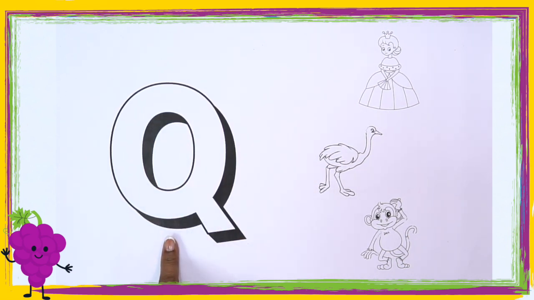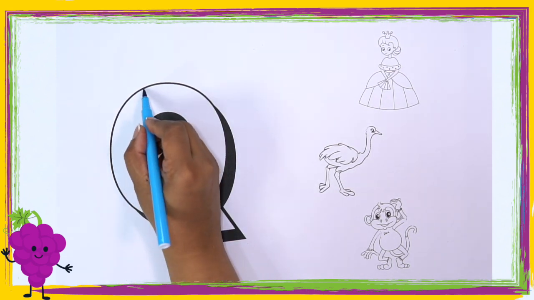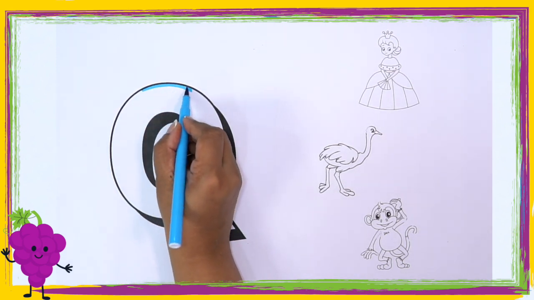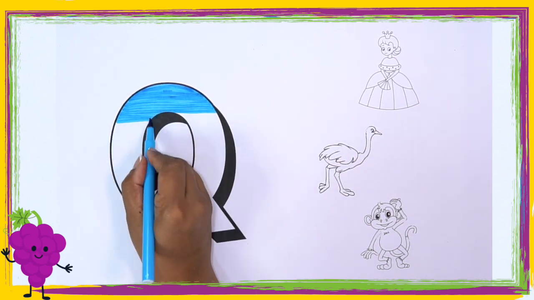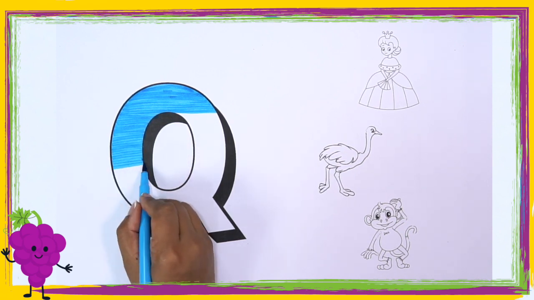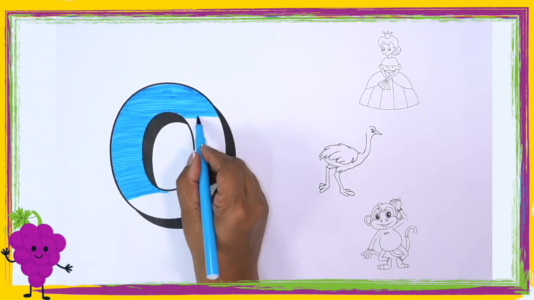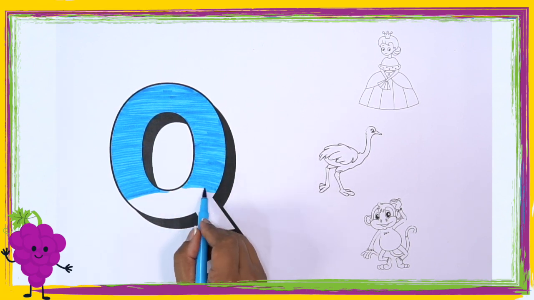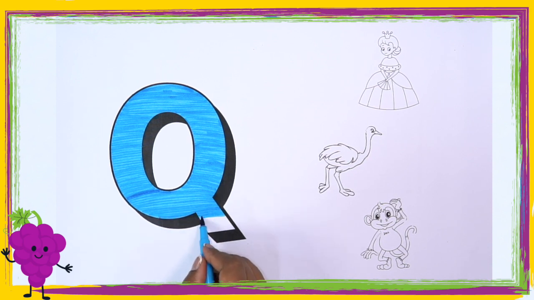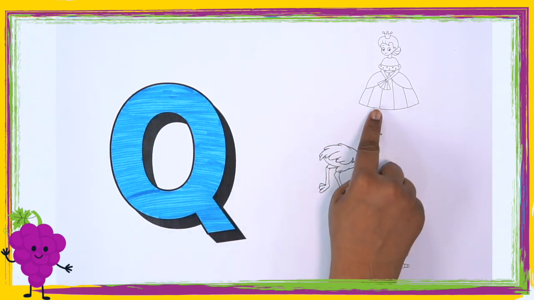This is Q. Let's color the alphabet Q. Q. Can you help find us what comes from Q? Is it queen?